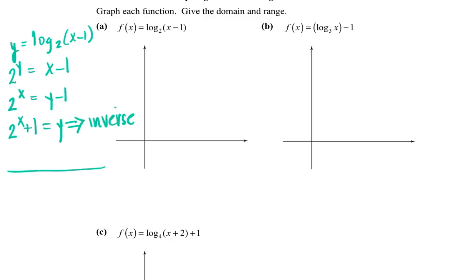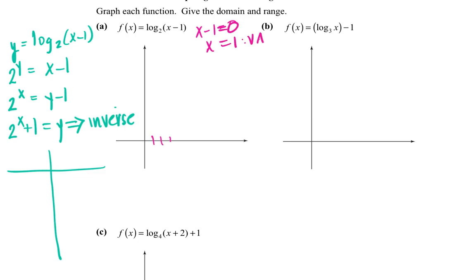So I can create a table for the inverse. First I also want to make sure that if you take your x minus 1 and set it equal to 0, so x equals 1, this is your vertical asymptote.